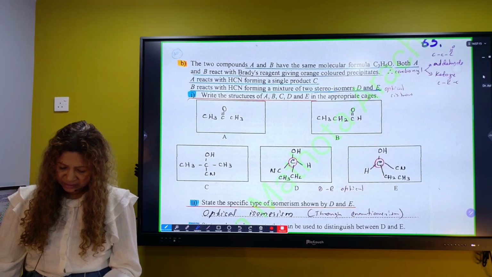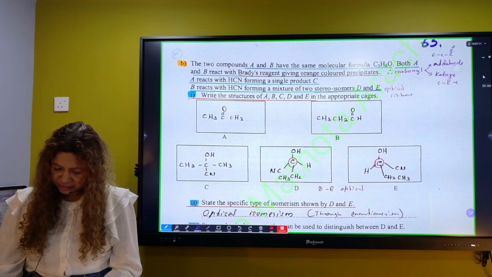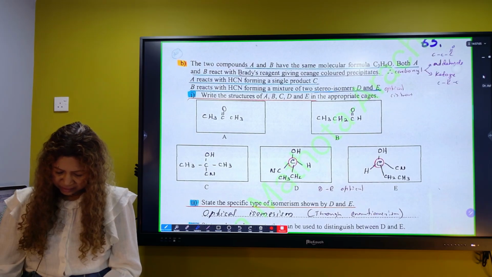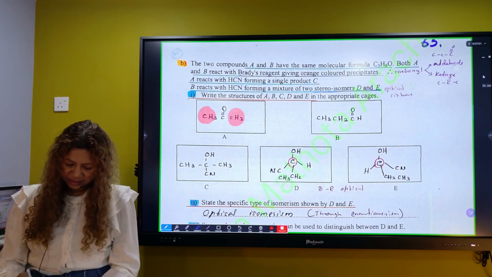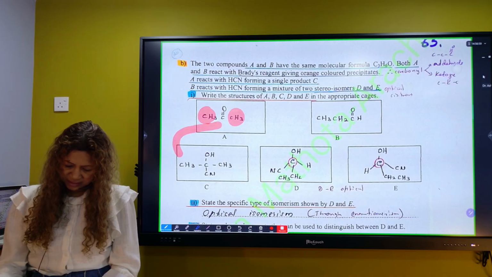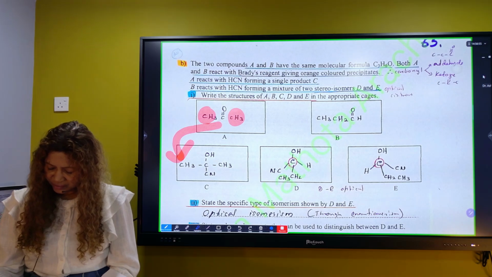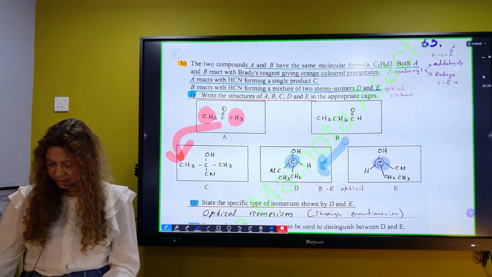A reacts with HCN to form a single product C. B with HCN, two products. So this is supposed to be A, then from A you are getting C. But from this one you are getting this chiral carbon. So B gives D and E.